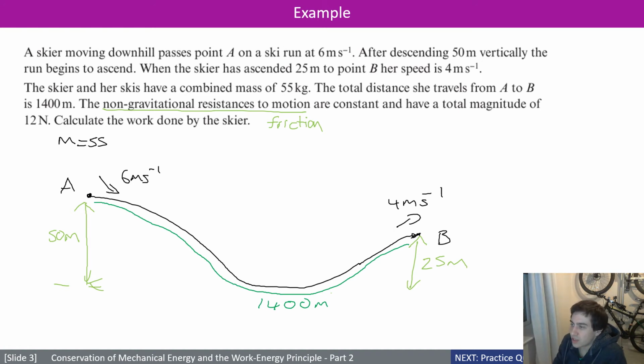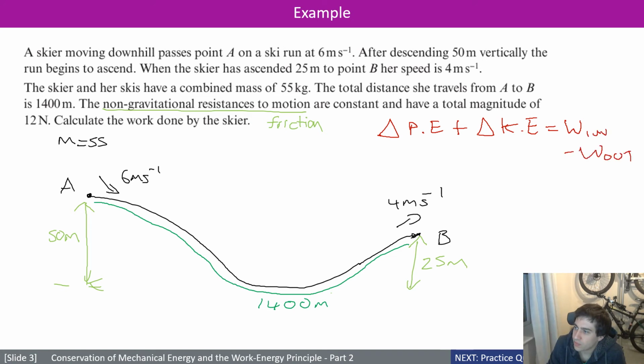So let's consider energy. So we're going to go with the way I recommend to do these kinds of things, which is to write it this way. Change of potential plus change of kinetic equals work in minus work out. And each of these is going to have a value in this case.